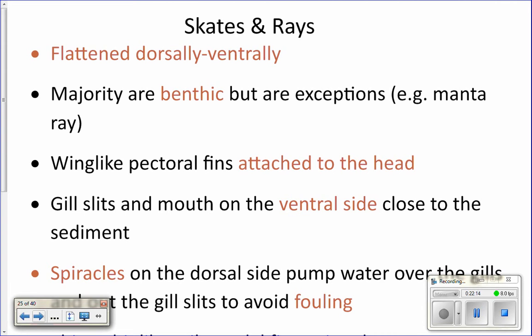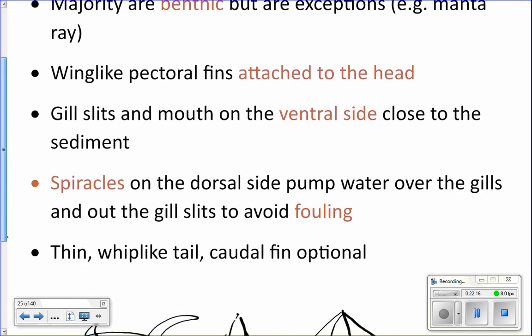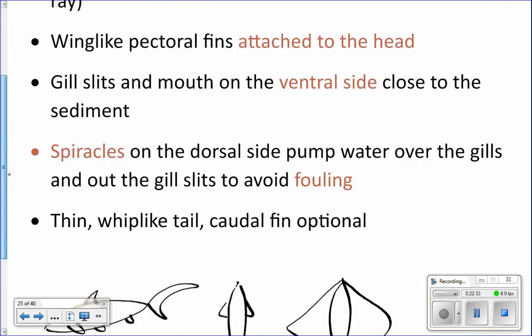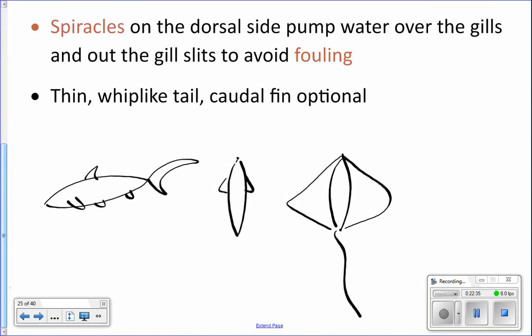I'm going to let you copy this down, and then I'm going to show you a picture so that you can see it. So they're flattened dorsal ventrally, and the pectoral fins of a ray are enlarged and fused to their head. Okay, so what does that mean? Well, let me scroll down so you can see this. If this is my shark here on the left, that's what it looks like from the side.